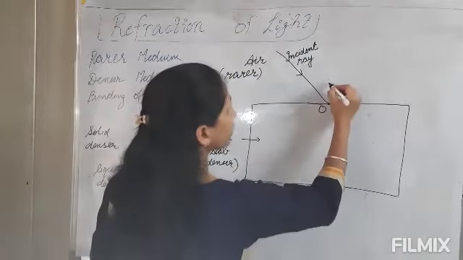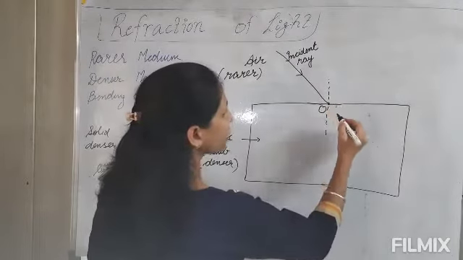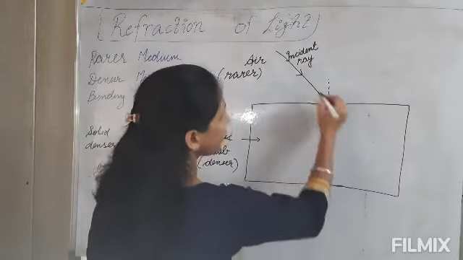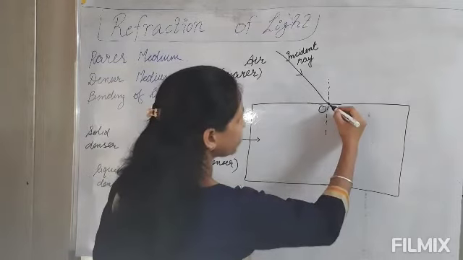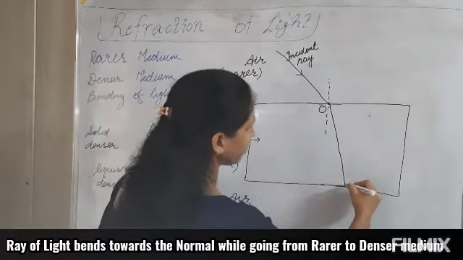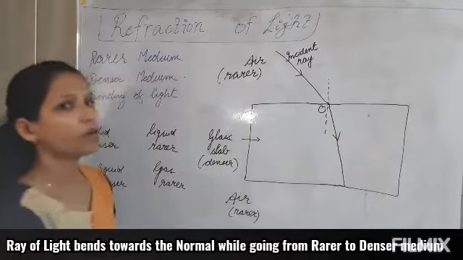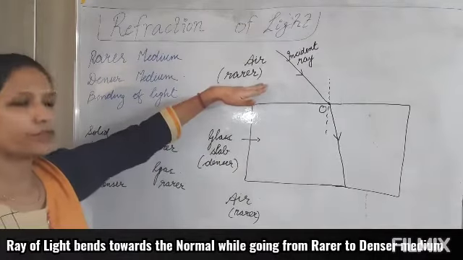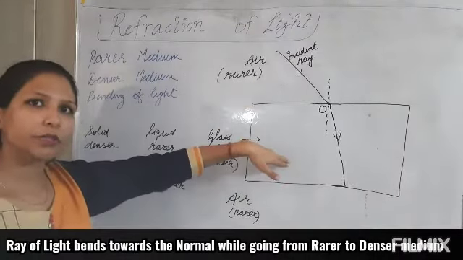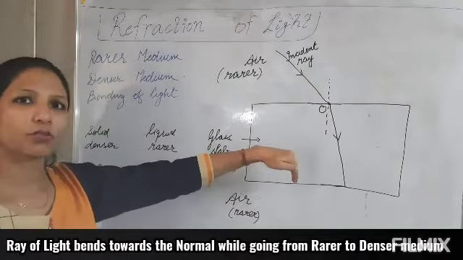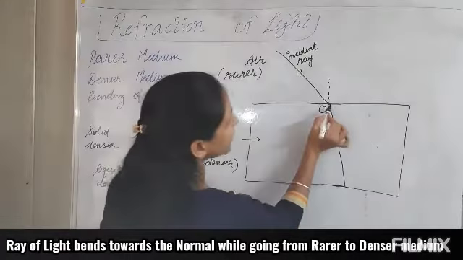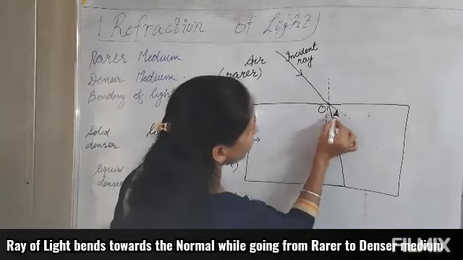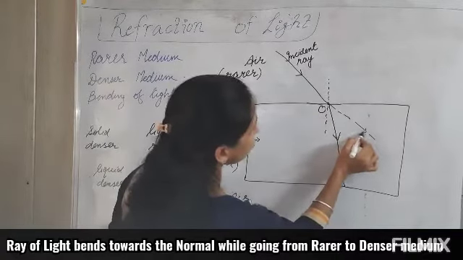So, bending of light occurs when a medium changes. The ray of light, incident ray, it bends towards a normal. When a ray of light goes from rarer to denser medium, it bends towards a normal. Otherwise, its tendency was to go in this direction, in a straight line.